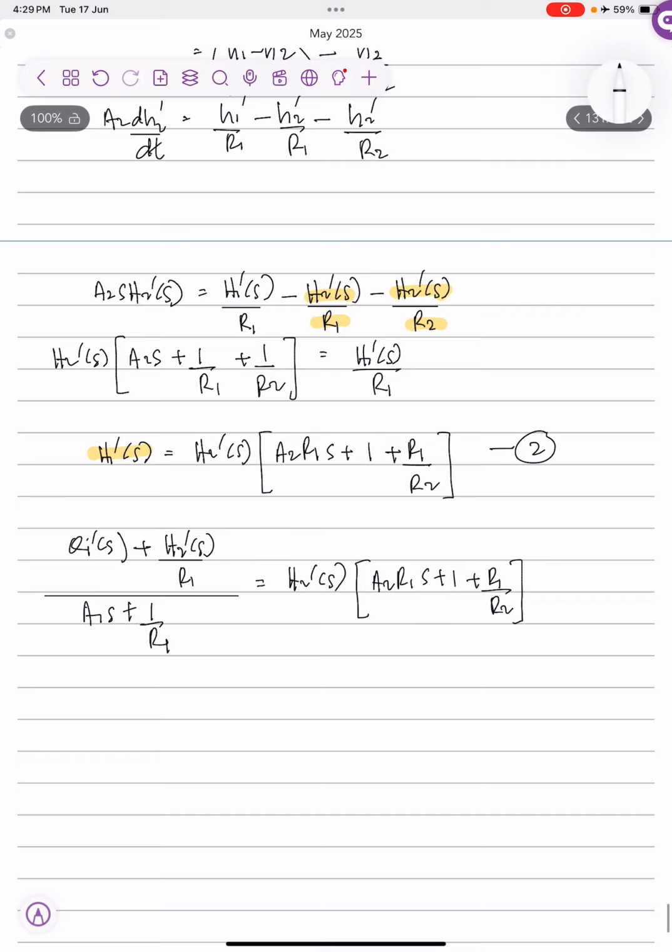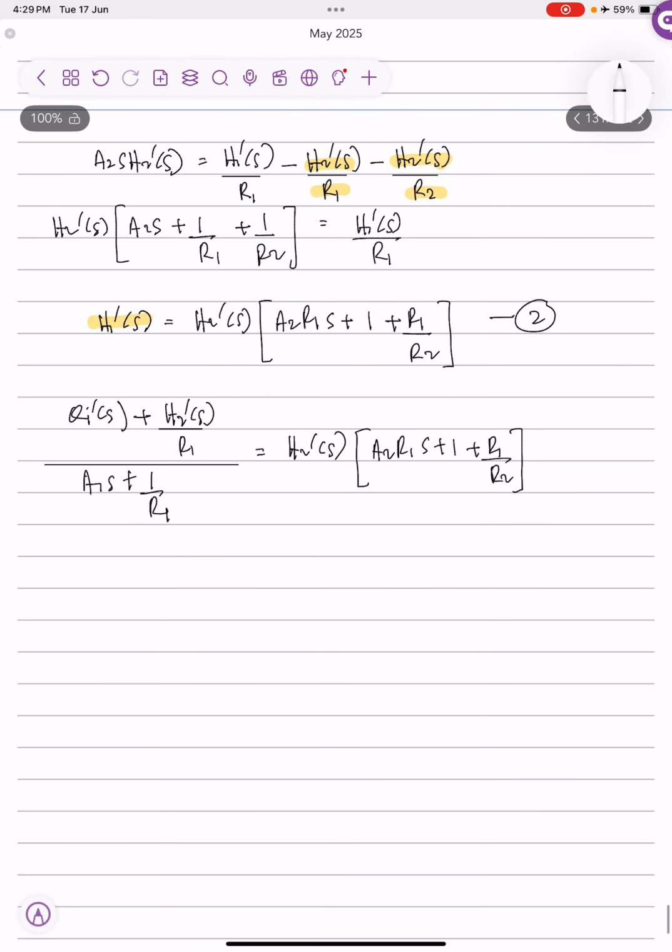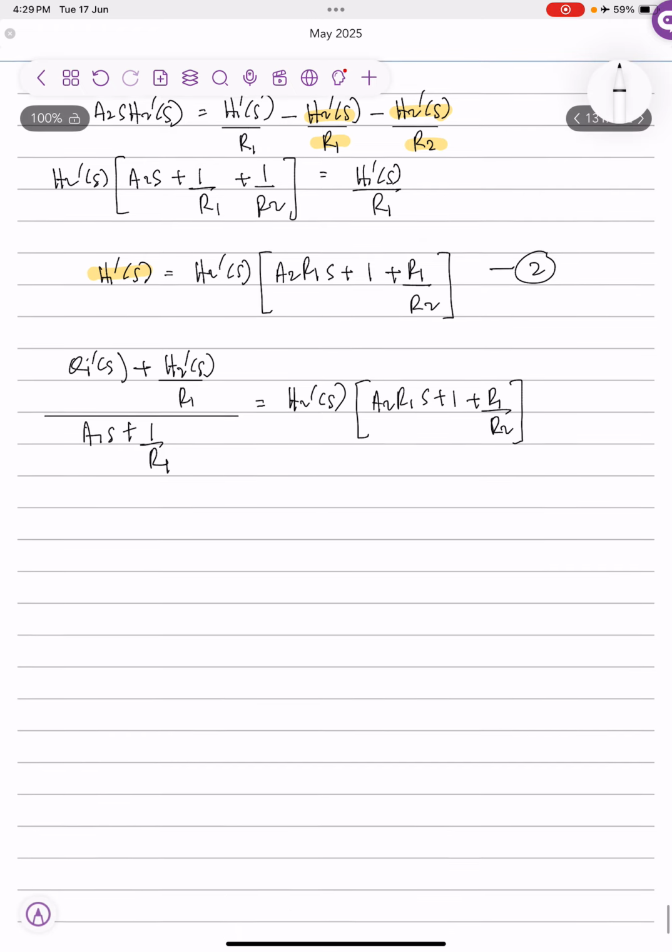So that is the right hand side of equation 2. Now we just simplify this formula to get H2'(s) over Qi'(s).